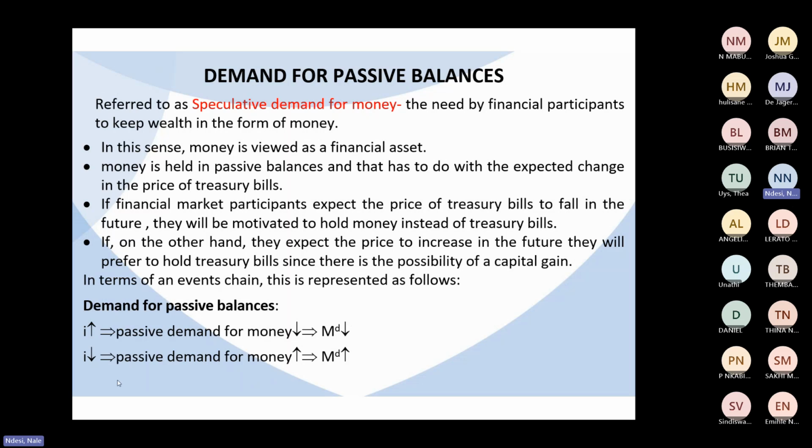And also inversely, when the interest rate goes down, the passive demand for money will go up, and the demand for money will go up. So that is your demand for passive balances.